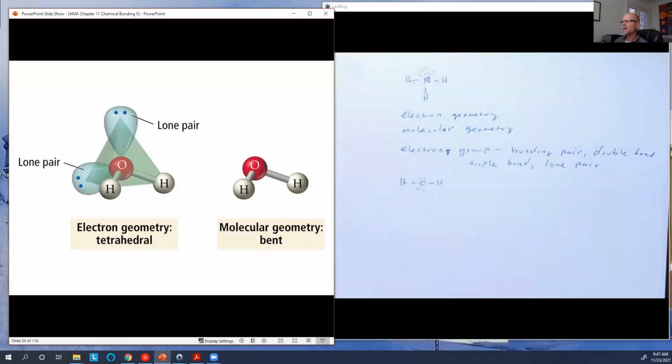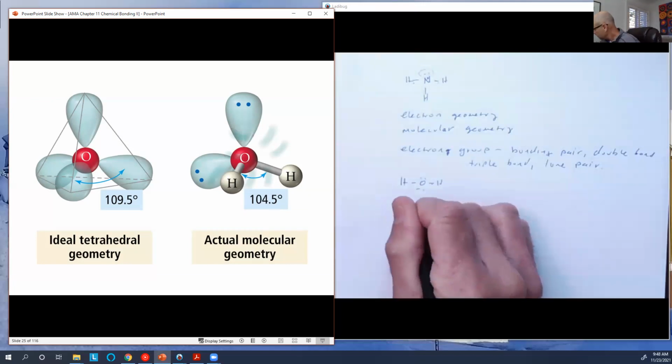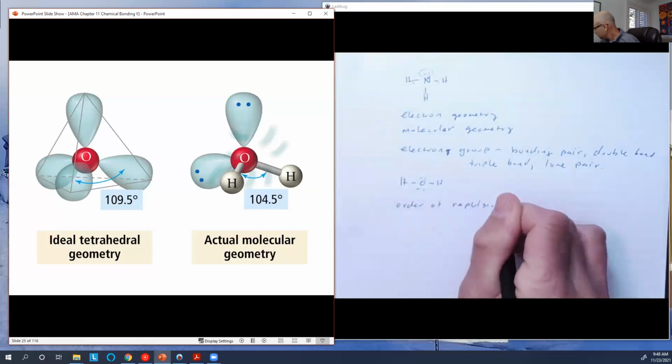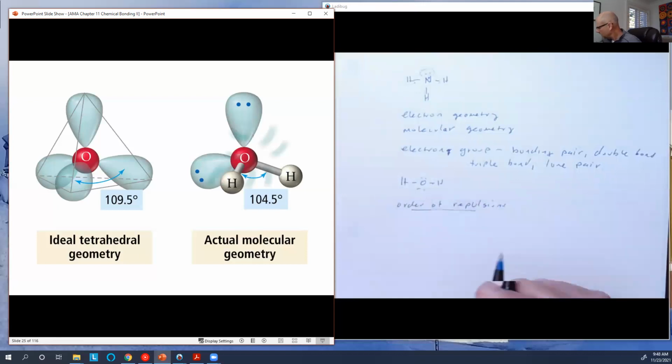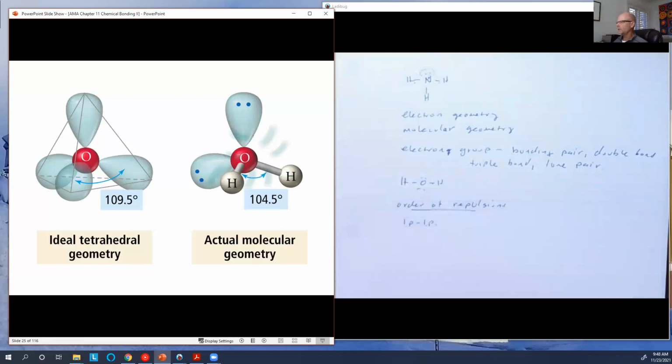Now, in terms of bond angle, again, the ideal tetrahedral bond angle is 109.5. But for water, because 2 of those are lone pairs, the lone pairs, again, exert a greater repulsion than the bonding groups. And so this is squished down, right? It's 104.5. The order of repulsions is always going to be lone pair-lone pair is the strongest repulsion.